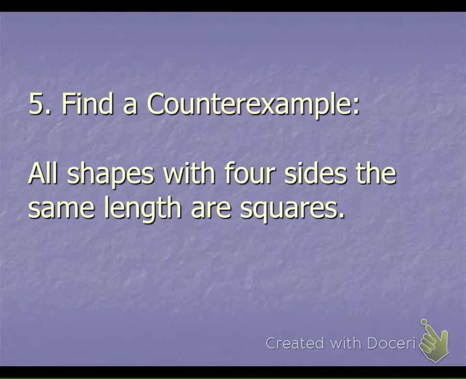Rectangles. The square. All shapes with four sides. So if the four sides are all the same length, do I automatically have a square? No. You could make a diamond, a rectangle.